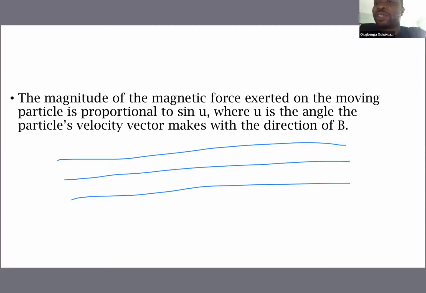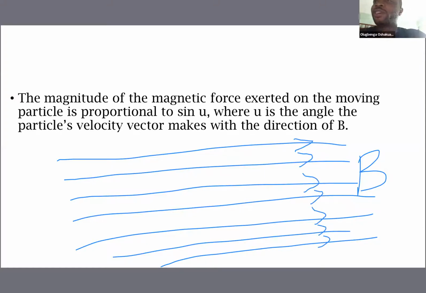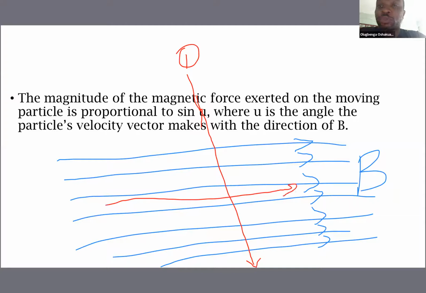Let's take these blue lines to be the direction of our magnetic field, and let's take other red lines to be the direction in which a charged particle is traveling. Let's call these 1, 2, and 3.